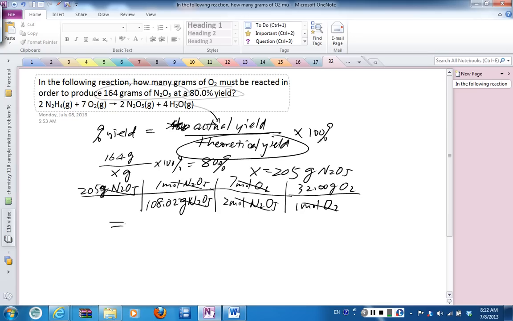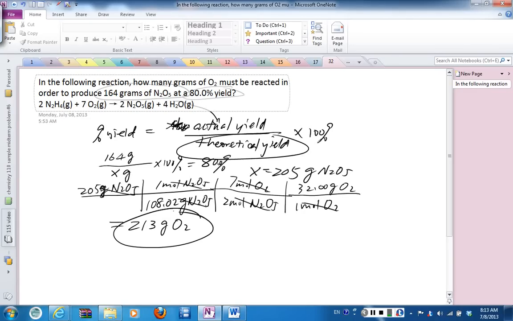Do the calculation, and we ended up with 213 grams of oxygen. So if we prepare 213 grams of oxygen and have it react with enough dinitrogen tetrahydride, we will be making, with an 80% yield, 164 grams of N2O5.